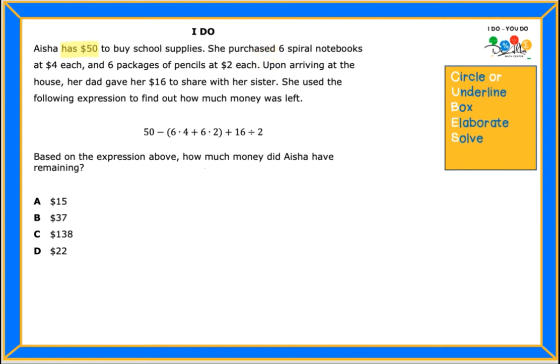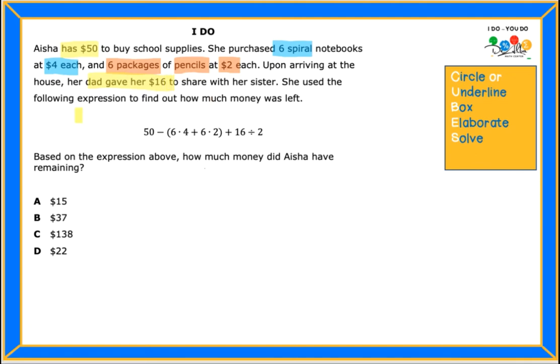And then they said that she purchased 6 spiral notebooks, and this is the price for the spiral notebooks. Then the story continues saying that there are 6 packages of pencils and this is $2 each. Now, when she got to her house, her dad gave her $16. I'm going to just highlight that.